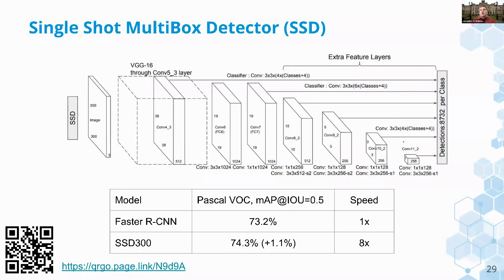SSD showed pretty good results in terms of speed, and generally SSD is the first deep learning based object detector model that can run in real time while maintaining the same or even better performance compared to faster R-CNN.